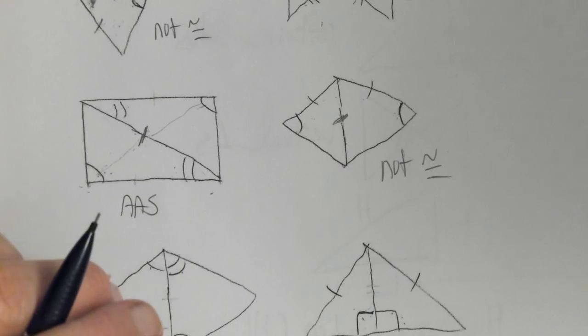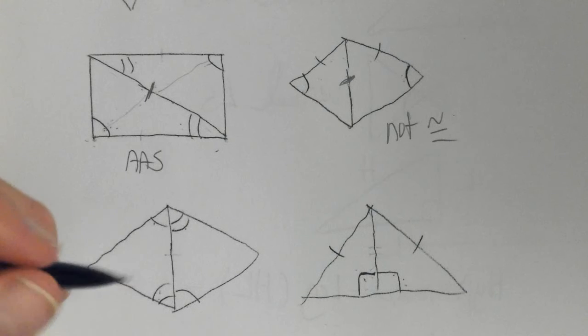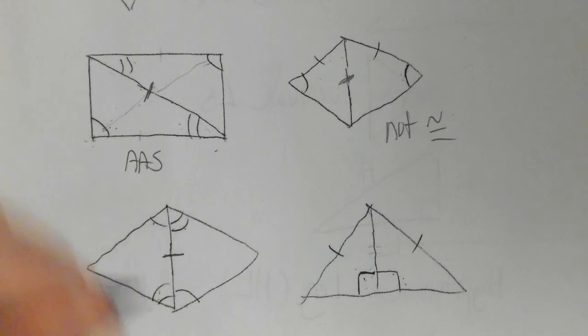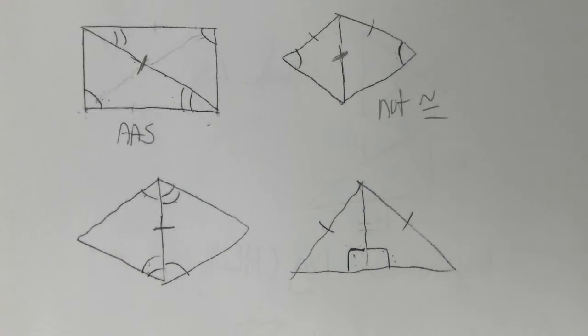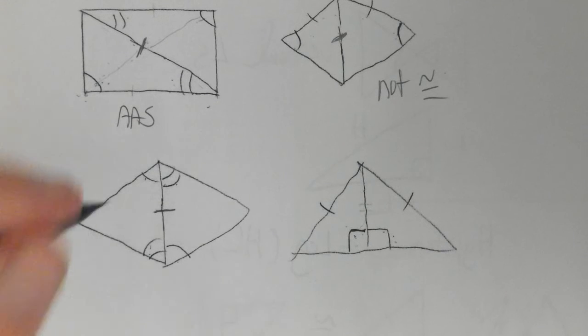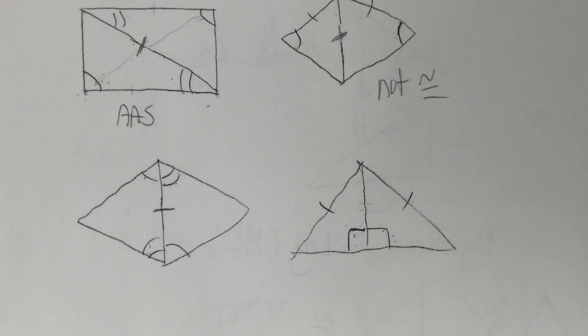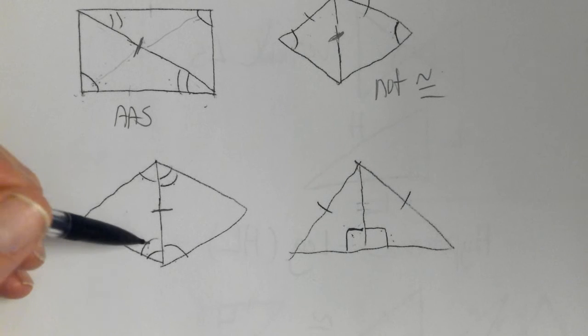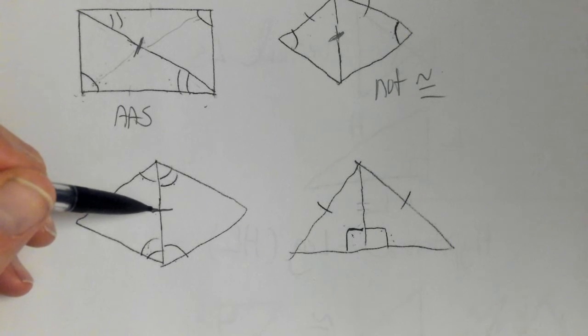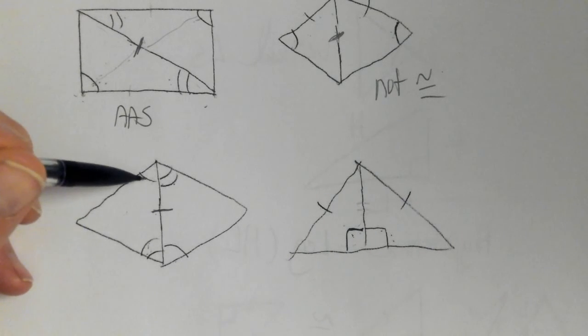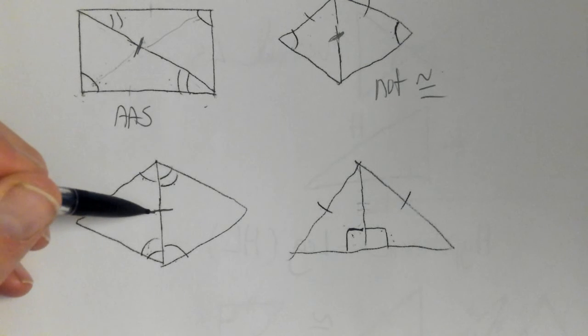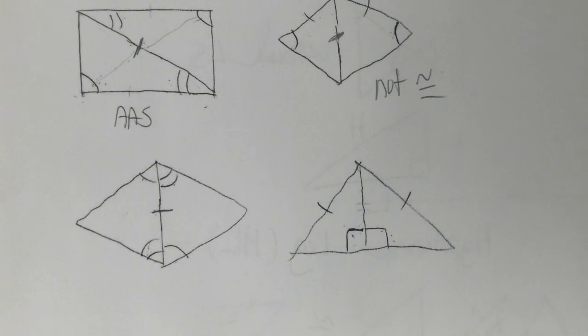What do we have on the next one here? Let's take a look. Once again, I've got a reflexive side. I'll go ahead and mark it. Now on the left-hand triangle, I've got two angles and a side. It is the included side, so we can say that this pattern is angle, side, angle. But is the other one the same pattern?